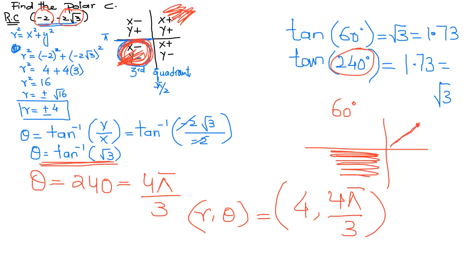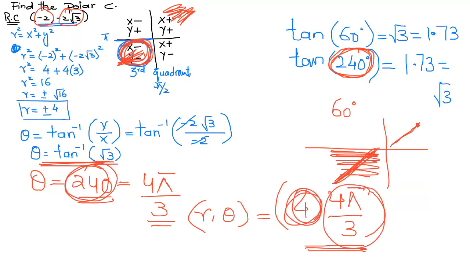So I asked you to check for 240. When you check 240, you will find it lies in this interval. So we need 240 degrees, and 240 is equivalent to 4 pi by 3. So this is the polar coordinate for this rectangular coordinate, where 4 is the radius r and 4 pi by 3 is the theta.